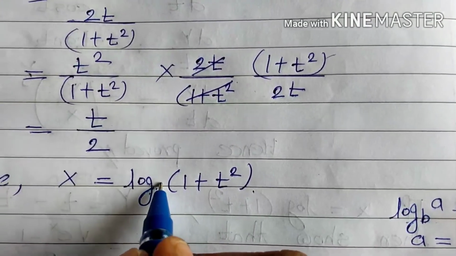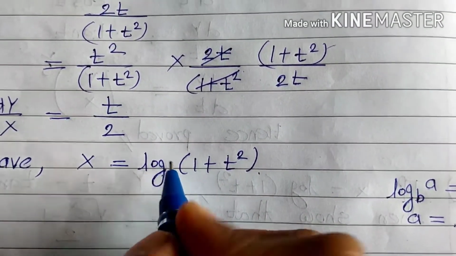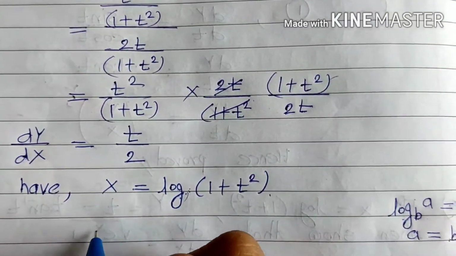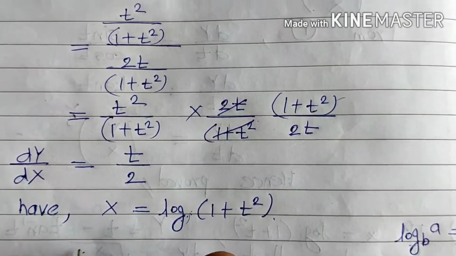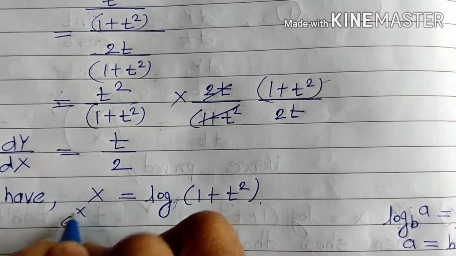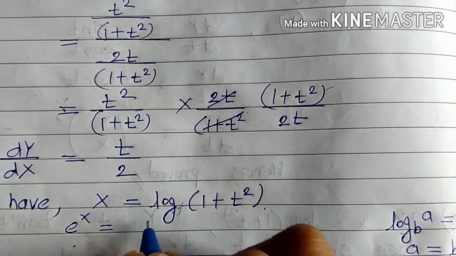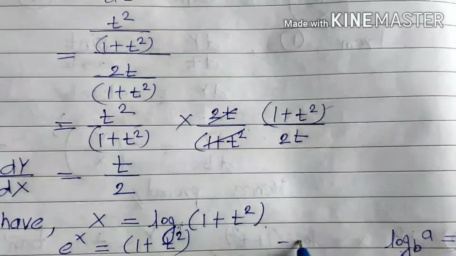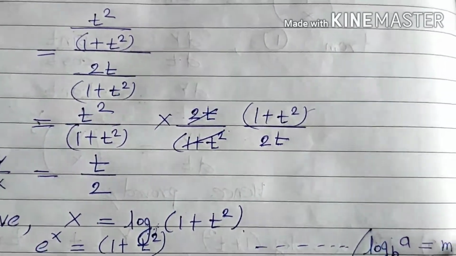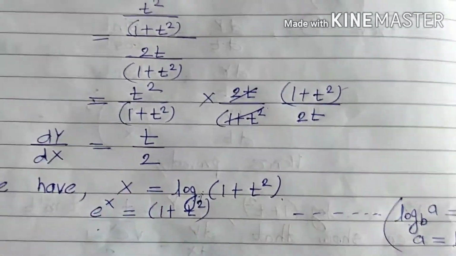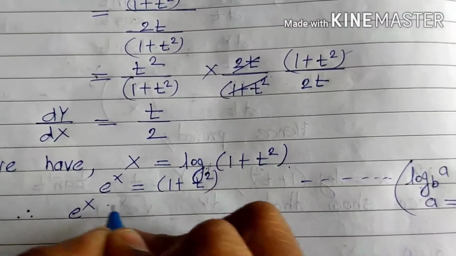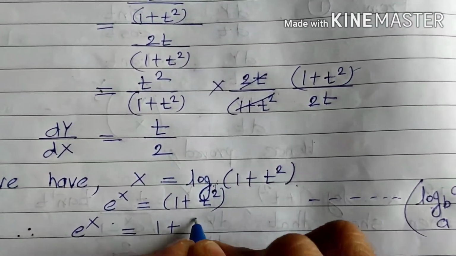Here there is only base e. So you can write it as e raised to x is equal to 1 plus t square. With the help of this you can write: e raised to x is equal to 1 plus t square.